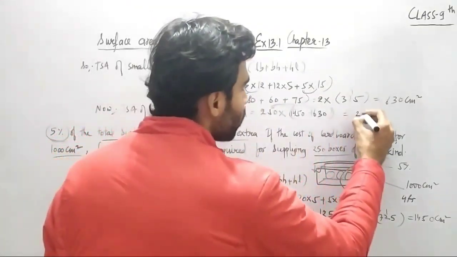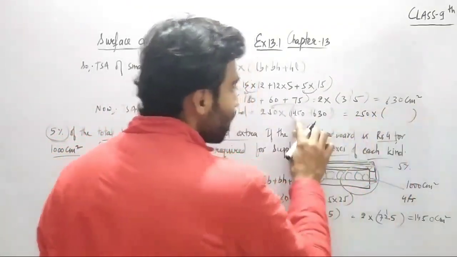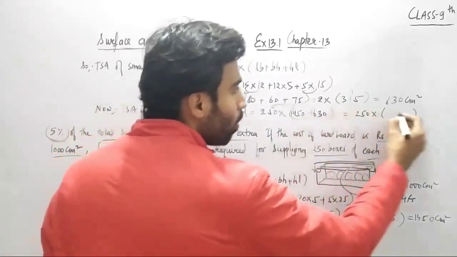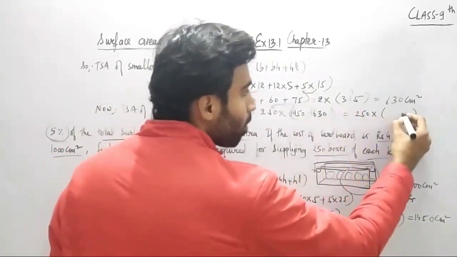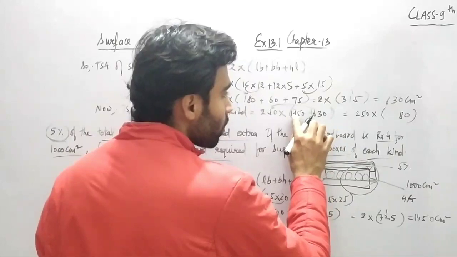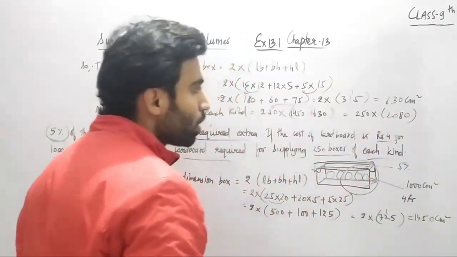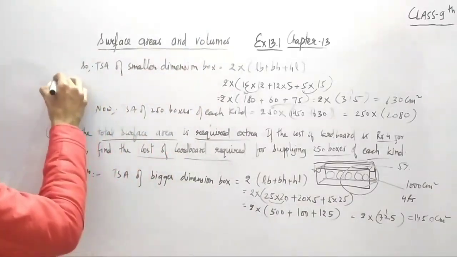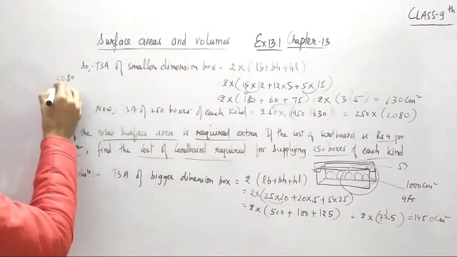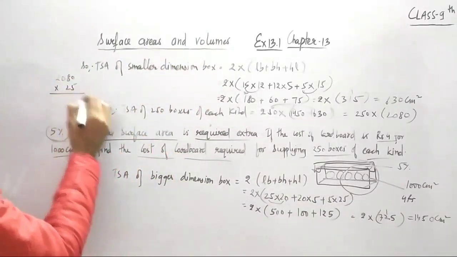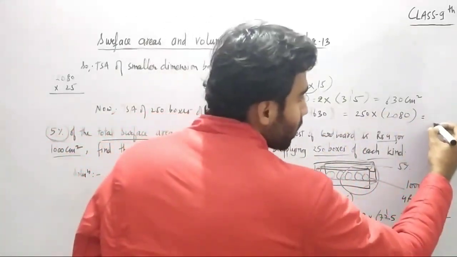So here I simply have to add these, right? That will be 0, then 3 plus 5, that will be 8. Then 6 plus 4 is 10, and 1 carry, so that will be 2, right? So 2080 into 250, right? Now you can see I take 2080 into 25, then this 0 will be as it is, right?